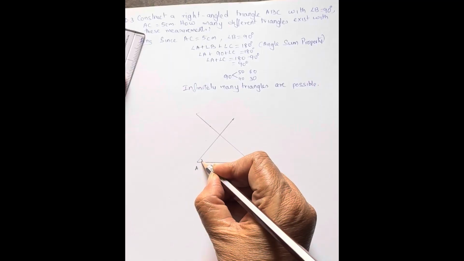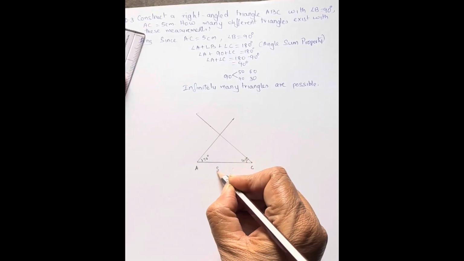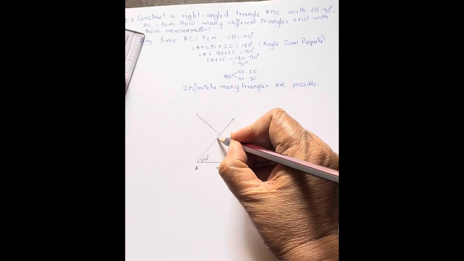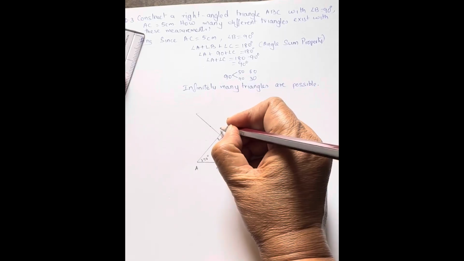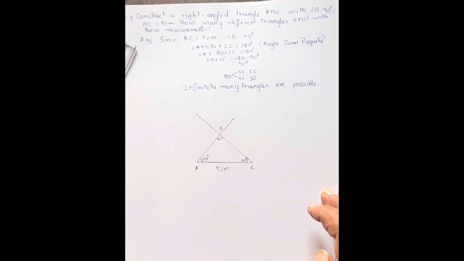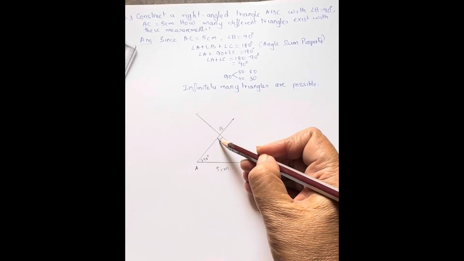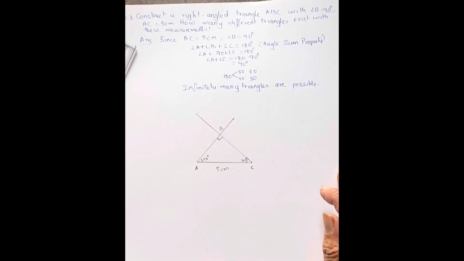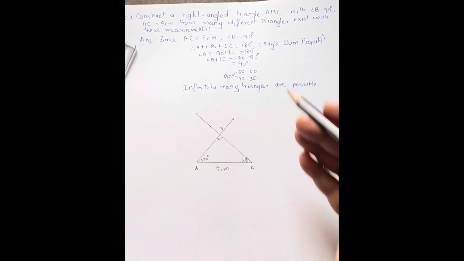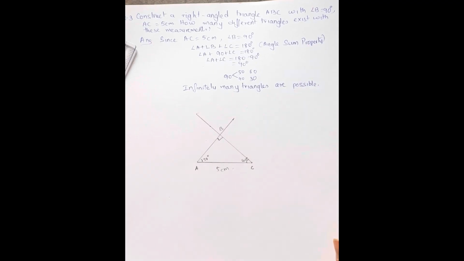Right, so this is 50 degree, this is 5 centimeter, and this has to be 90 degree. This will automatically fit in. Angle B will be 90 degree. So 50 degree, 40 degree, 90 degree, the sum is 180 degree. And we can have many possibilities. Like I'll show you one more with 60, 30.